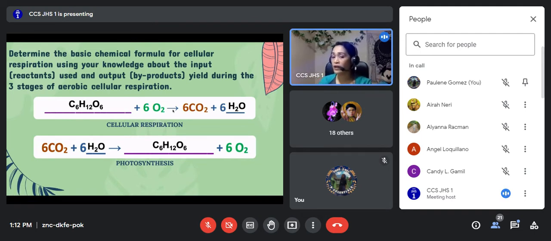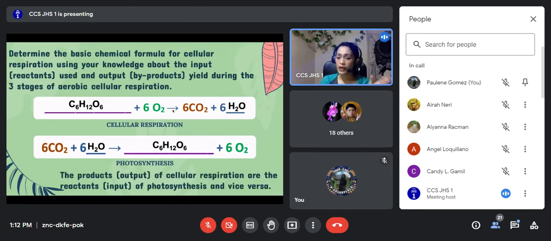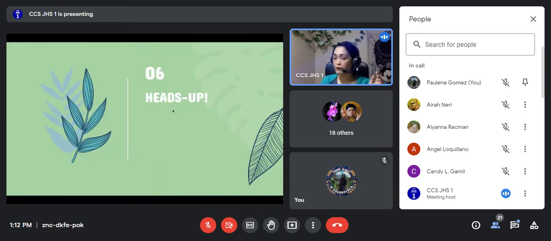So hand in hand, both of these processes are essential for the continuation of life here on Earth. Photosynthesis provides the glucose and oxygen, while cellular respiration provides the carbon dioxide and water needed for it, and vice versa. Okay? So please take note of that. So heads up everyone.